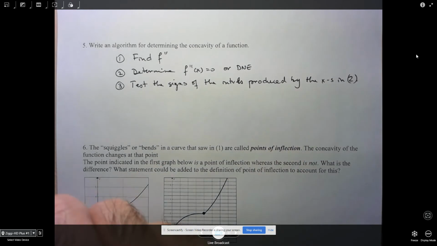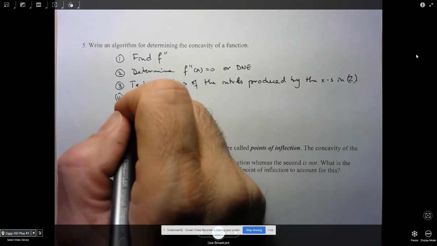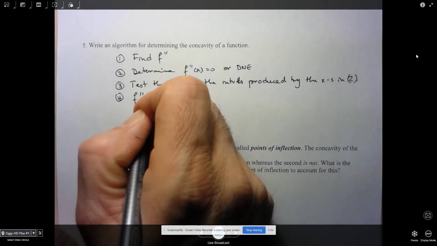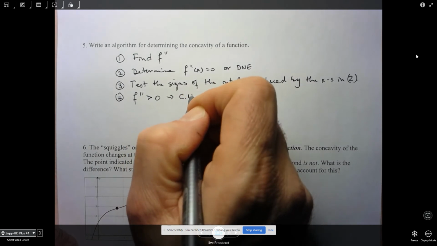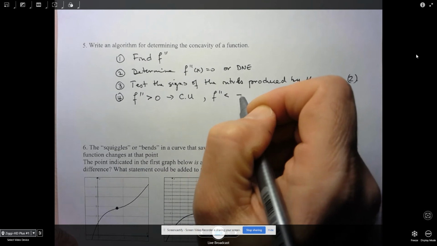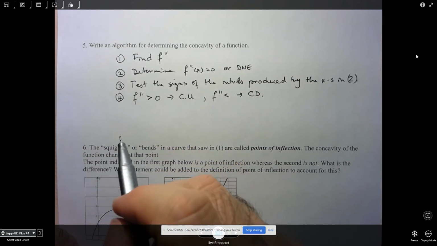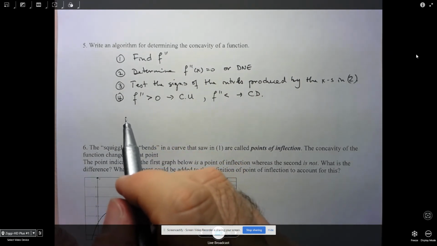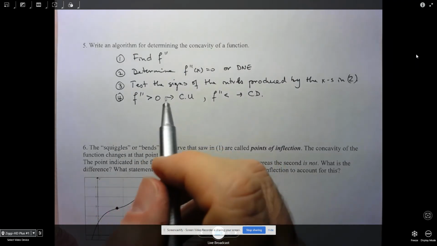All right, and lastly, we can then analyze that if the second derivative is positive, we have concave up, and if the second derivative is negative, we have concave down. All right, and what this is going to do is it's going to give us yet more information that we can use to sketch the graph of the function. And of course, it might be useful for other things.